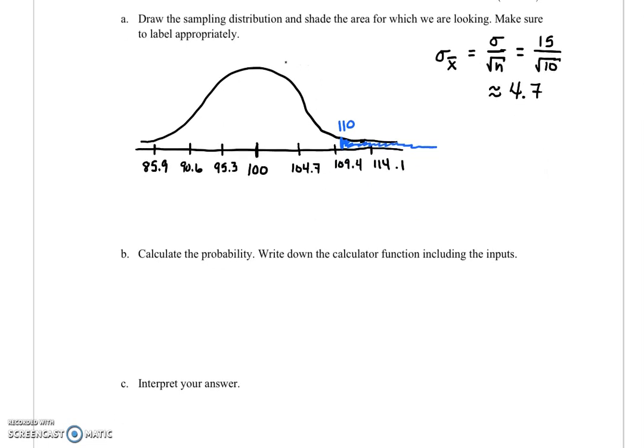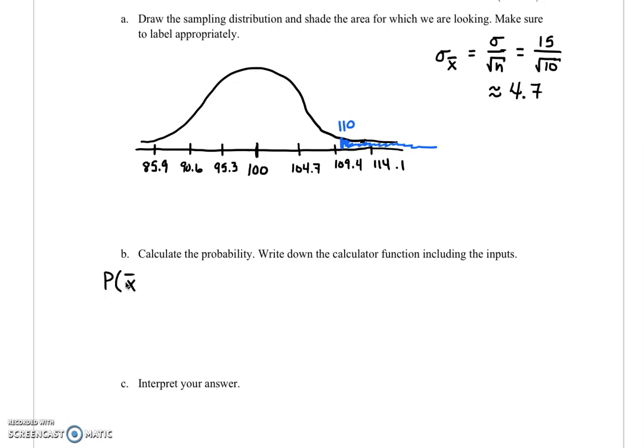Well, the fact that the sampling distribution is normal helps us out. Why? Because we learned in Chapter 7 how to calculate the probability under the normal curve. So we have the same thing here. We are going to use normal CDF.